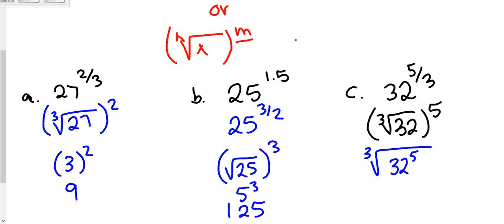Now 32, I can multiply out 5 times. I'll let you do that on your own. But you would multiply out 32 5 times and then leave it under the cube root. When numbers get that big, you can really leave them in this form because it's not getting simpler after that. You're just making it more complicated with huge numbers. So this is where you can stop.